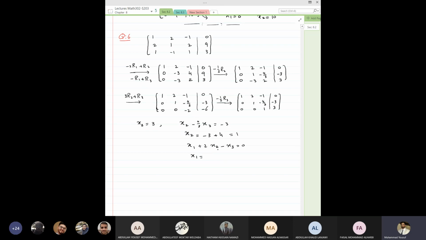So x1 is equal to negative 2x2 plus x3. Negative 2 times 1 is a negative 2. And plus x3 on the other side. x3 is a 3, so plus 3 equal to 1. So we have x1 is 1, x2 is 1, x3 is 3. This is a solution.